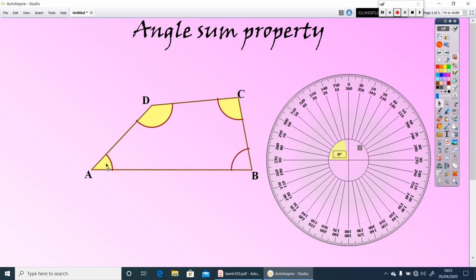Angle B I took. Now let me take angle A here and keep. Now let me keep angle C here and let me keep angle D also there.